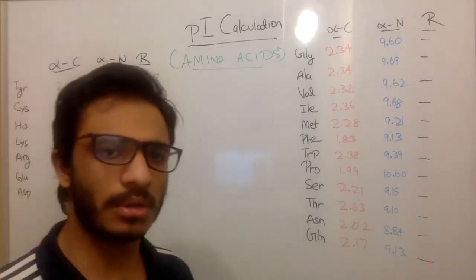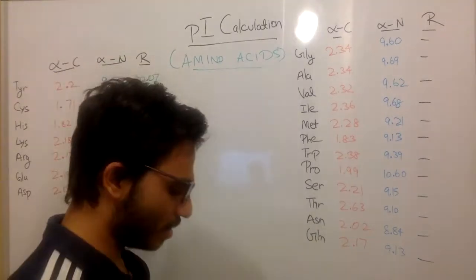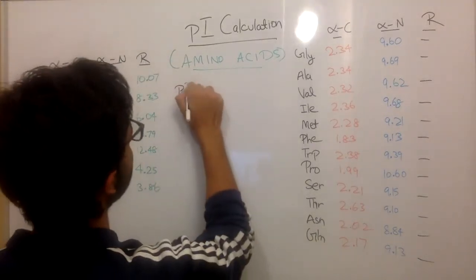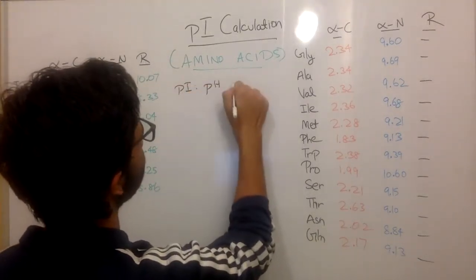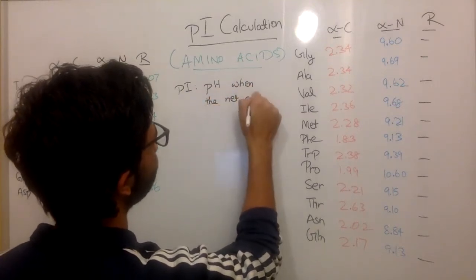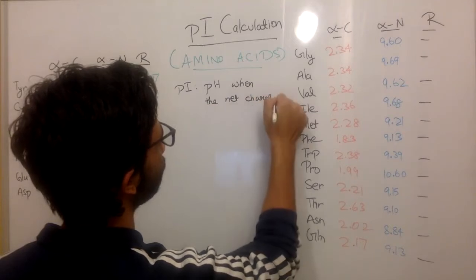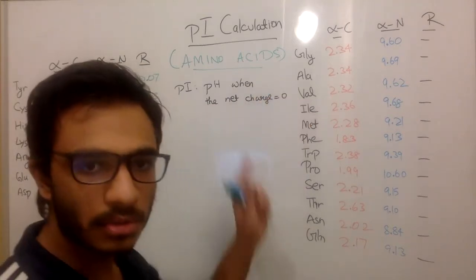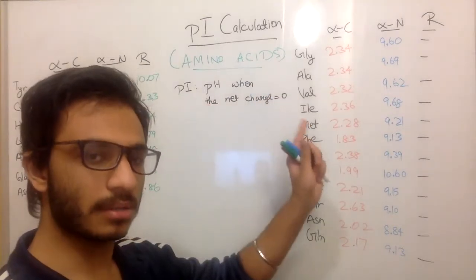So let me write down the definition of pI first. pI is actually the pH when the net charge is 0. So it's the pH when the net charge is equal to 0.